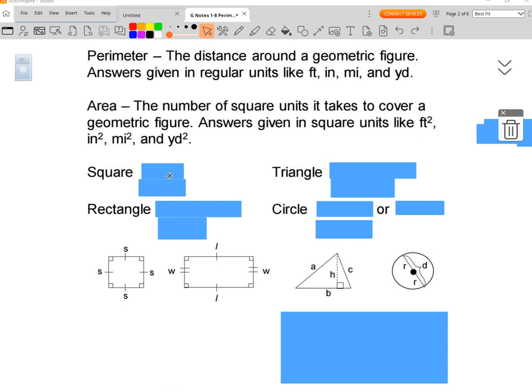So the formula for perimeter and area of a square: the perimeter of a square, a big P stands for perimeter, is 4 times the length of one side, where S stands for the length of a side.